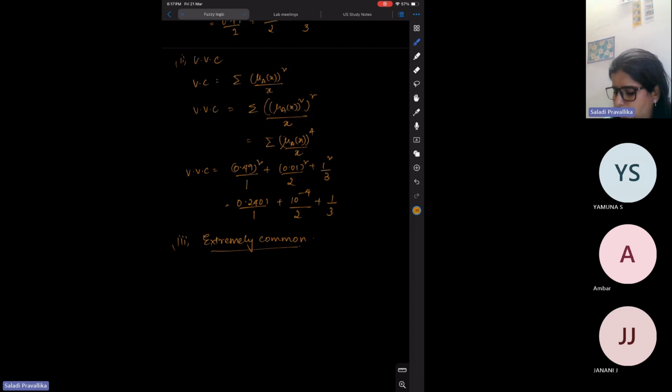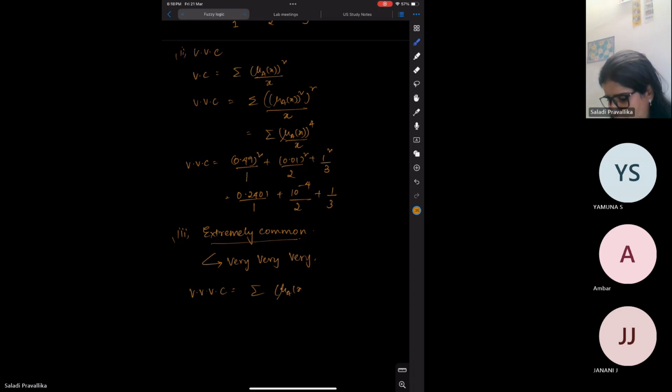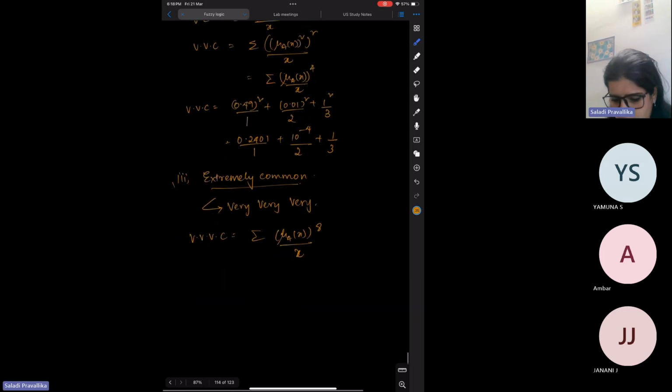Right. Okay. So for "extremely common", we take triple "very", right? It is "very, very, very". So which means for triple "very", we take mu A of x to the power 8 given x, right?